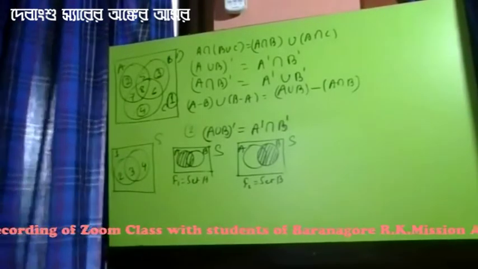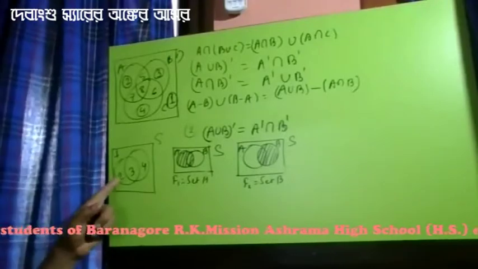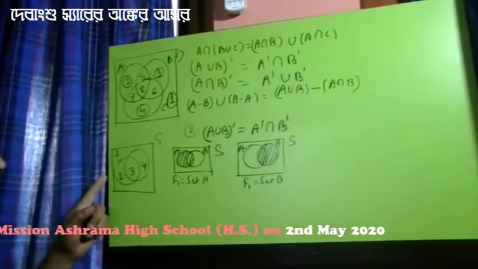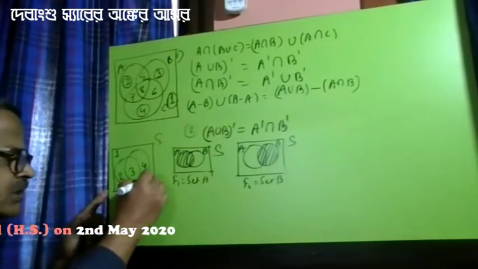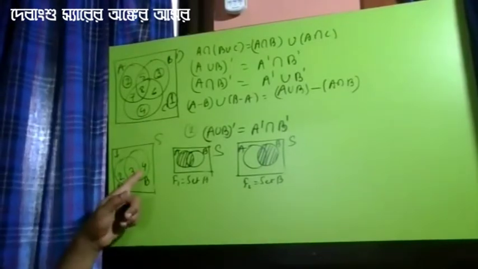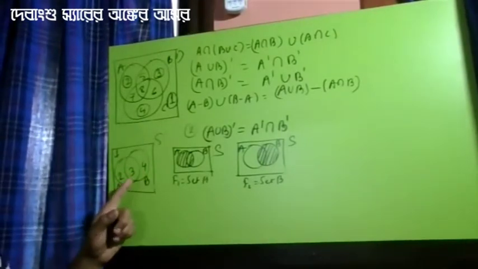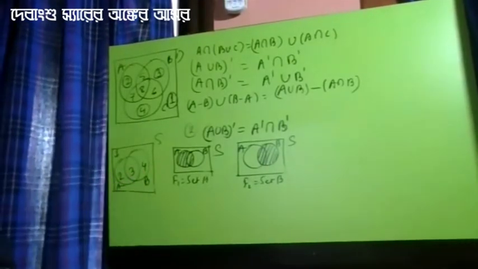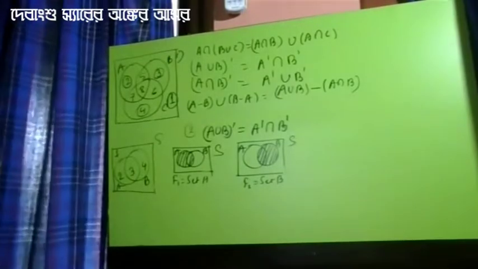One part is outside all the circles. The second part is on the first circle A but not in B. The fourth part represents the region within B but not in A, and the third portion is common to both.